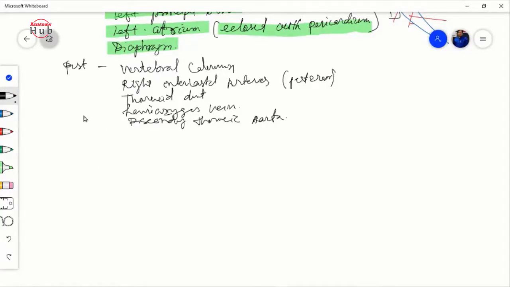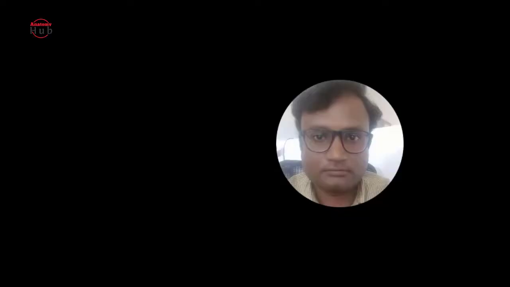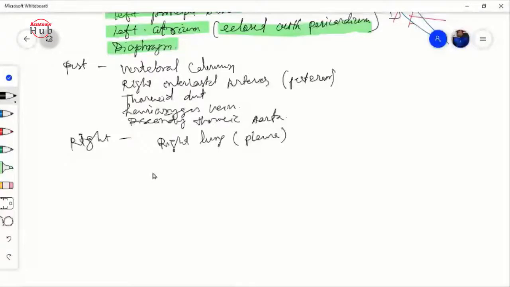Then to the right, okay, what are the things present at the right? We'll find the right lung, okay. Along with what? We'll find the pleura, right lung and the pleura, and we'll find azygous vein, okay.